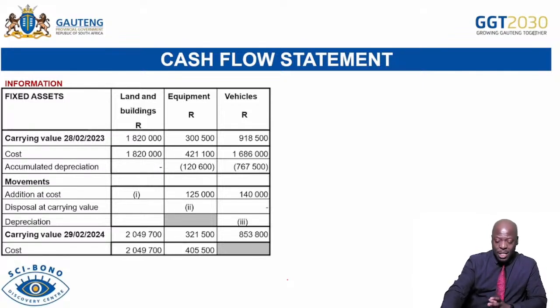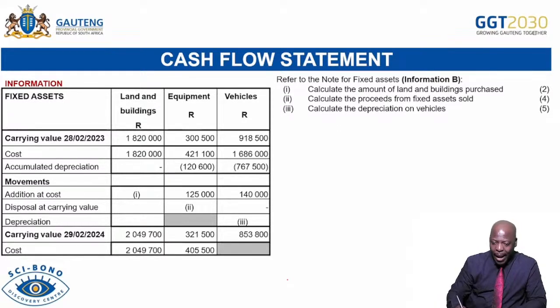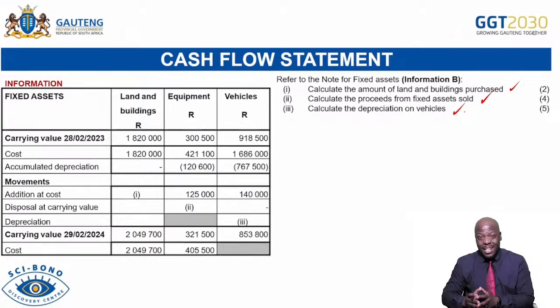So this is a fixed tangible asset note, and this is what we are required to do to calculate the amount of land and buildings that were purchased, the proceeds from fixed assets that were sold, as well as the calculation of the depreciation amount on vehicles. We understand that the third one is not going to be shown in the cash flow statement because it's depreciation.